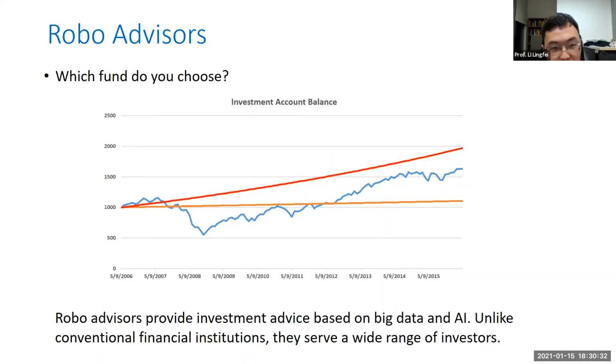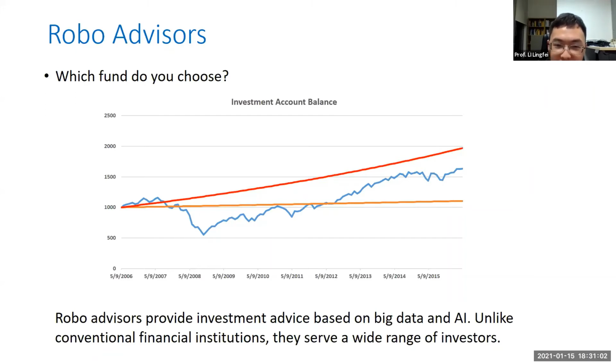These traditional banks are not really interested in serving people with low wealth, but if you're wealthy enough, they would be very interested to serve you. These human advisors can be costly because there are some hidden fees that some people don't realize, and sometimes their advice is probably not really good.